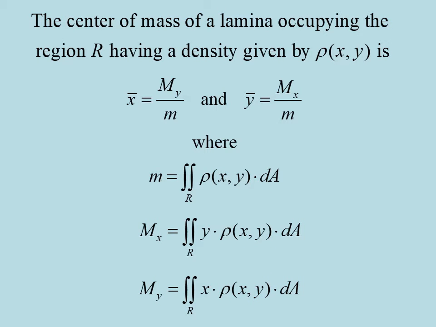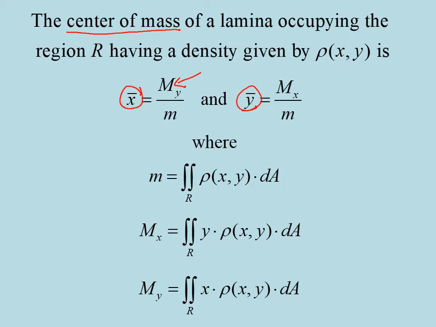And we can put these calculations together into something which we call center of mass. The x with the line over it, oftentimes called x bar, and the y with the line over it, y bar, is the center of mass. And so notice this is m sub y, which is the moment about the y-axis.